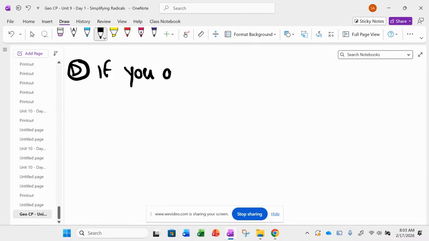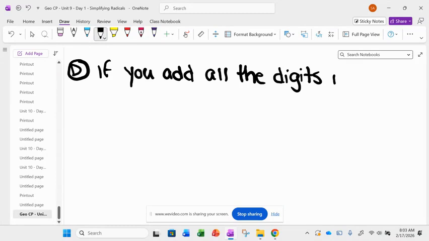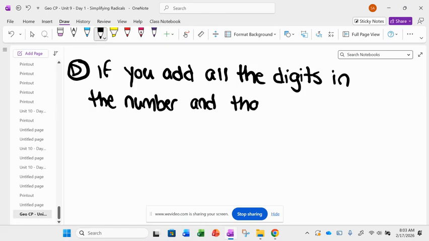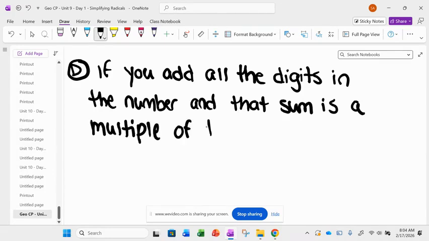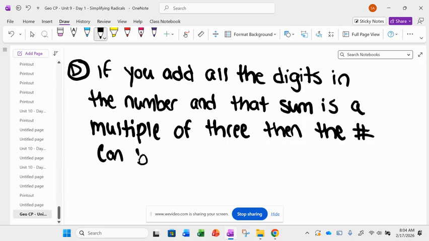If you add all the digits in the number and that sum is a multiple of 3, then the number can be divided by 3.